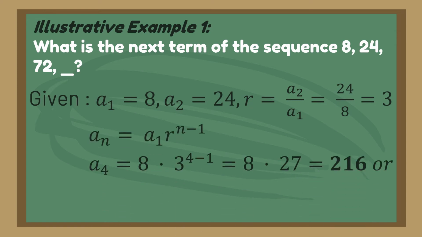Use the formula, so we have 8 times 3 raised to 4 minus 1. 3 raised to 4 minus 1 is equivalent to 27, times 8, so we have 216. Or we can simply multiply the value of a sub 3 or the third term by its common ratio, so we have 72 times 3, the answer is 216.